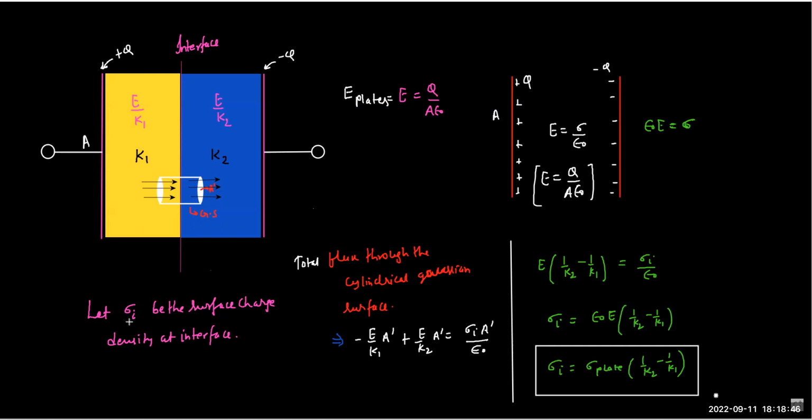Because this happens dynamically, the behavior is quite complex, not easy to understand at the level of JEE, but definitely beyond JEE, at graduation level, it's not a big deal. It's a simple concept taught at every university.